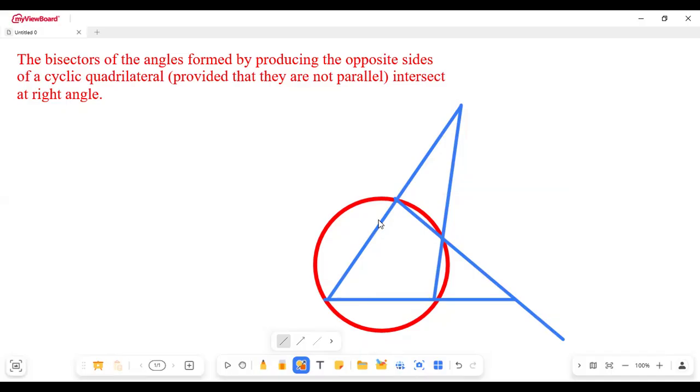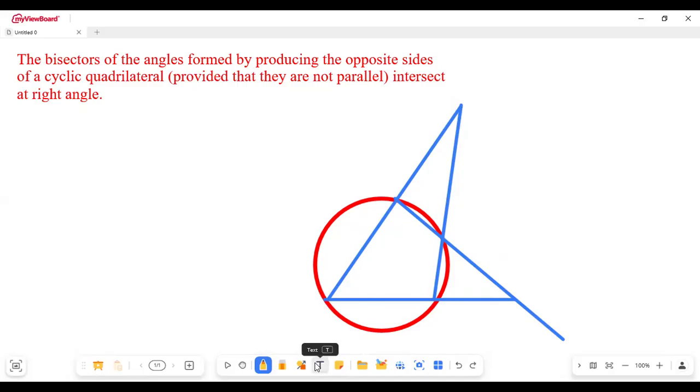Now the question is that we have a cyclic quadrilateral, and we produce both the opposite sides of the quadrilateral, and that angle, which is this one, and this angle, both the angles will be bisected by some lines.